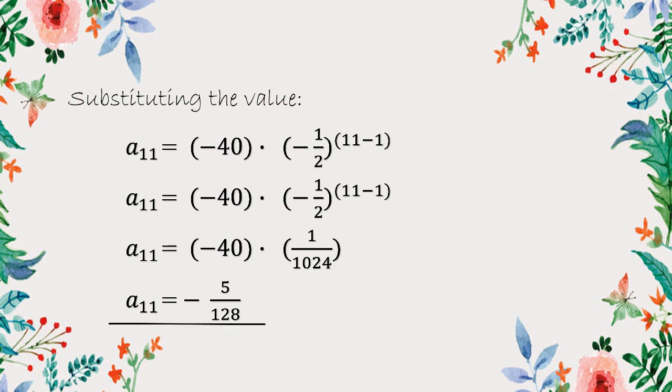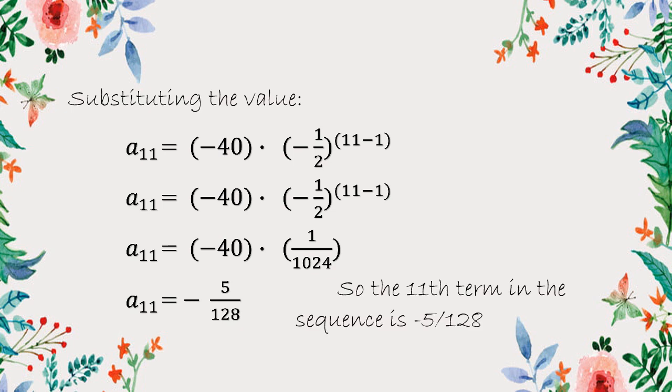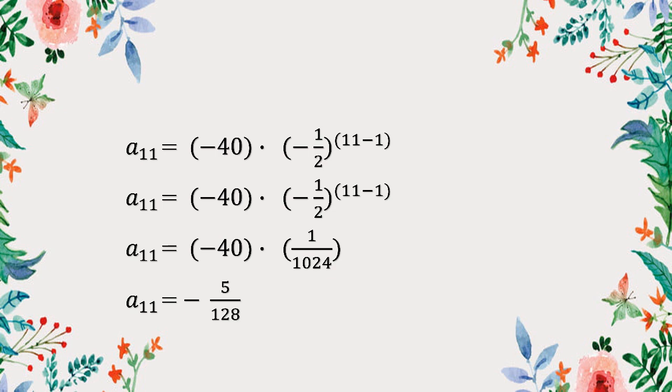So a sub 11 is equal to negative 40 times 1 over 1024, which is negative 5 over 128. So the 11th term in the sequence is negative 5 over 128.